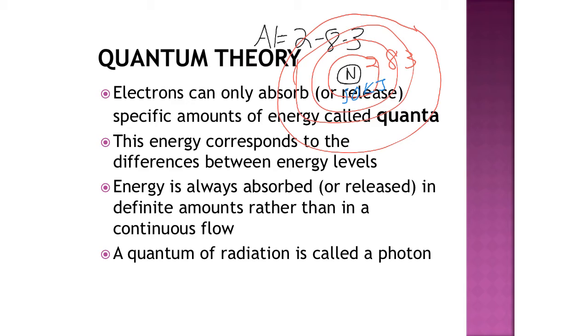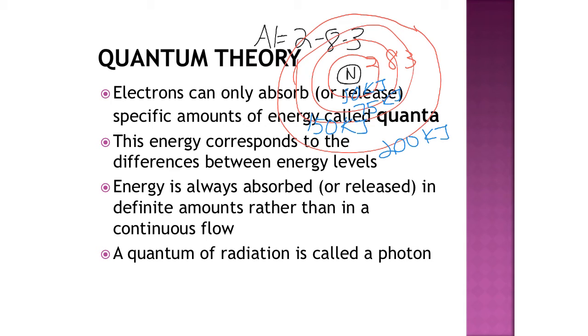And let's say the second shell is equivalent to 75 kilojoules of energy. Let's say the third shell is 150 kilojoules because each shell has a specific amount of energy associated with it. And let's say the fourth shell is equivalent to 200 kilojoules of energy, just so that we have some easy numbers to work with.